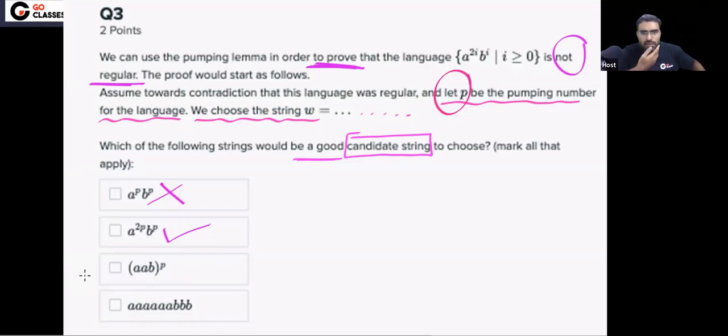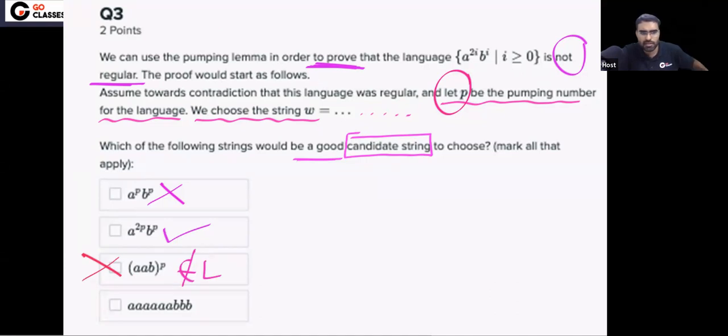Does it have authority? No, this does not even have authority. First of all, this does not even belong to L. So forget about this string.